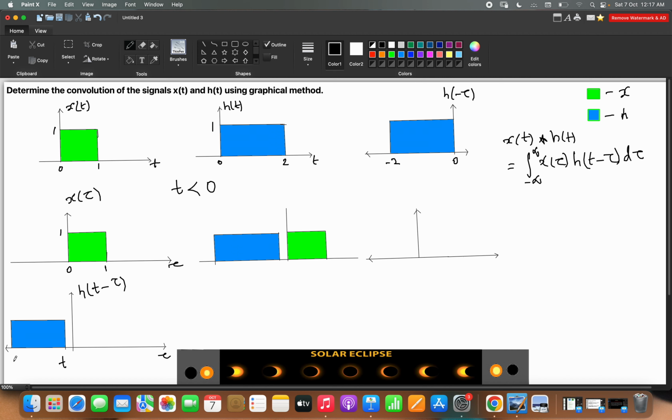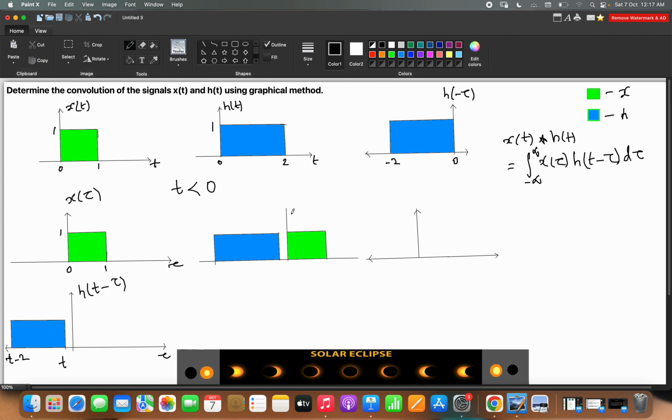So this will be t minus 2. So this signal is shifted towards left side since t value is lesser than 0, and it is shifted by t samples. That's why we are getting the signal like this. So this is our x of tau and this is our h of t minus tau.